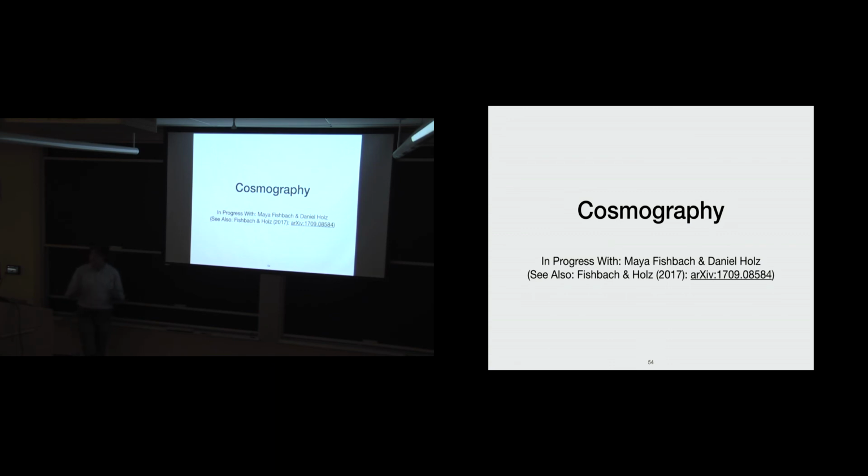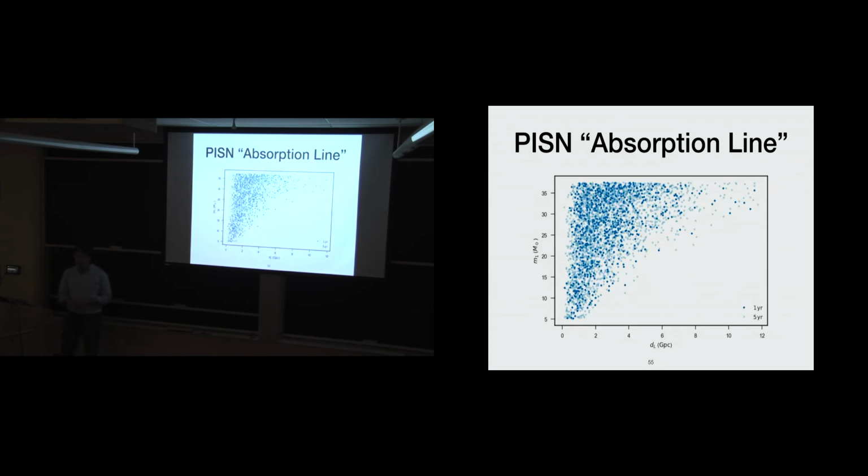And there are hints of just such a feature. There's already hints of a maximum mass to black holes. And there's theoretical reasons why that might be so. There's a process called the pair instability supernova process. When stars get so massive that their cores are hot enough to pair produce, the radiation pressure that supports the core turns into producing only mildly relativistic electrons.